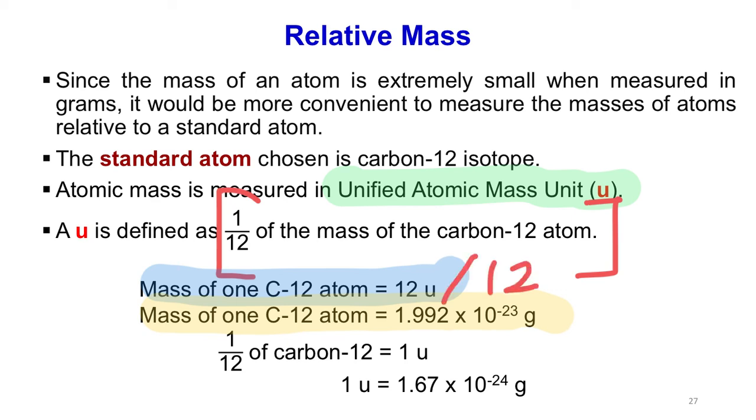So, for 1/12 of carbon-12, we get 1 U, and 1/12 of the mass of the atom in grams, we get 1.67 × 10^-24 grams.